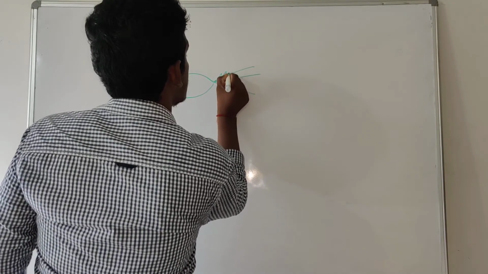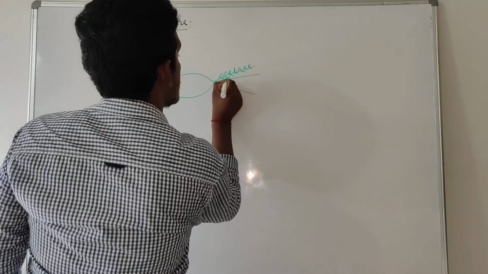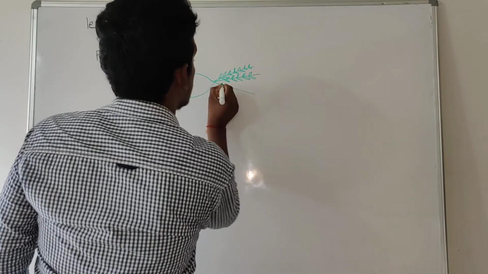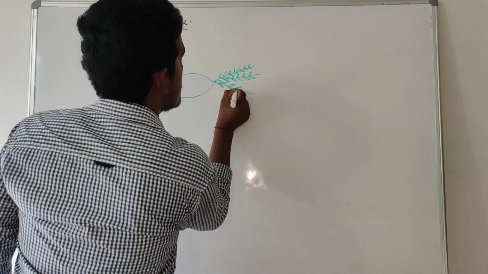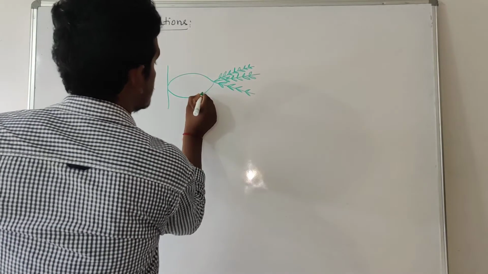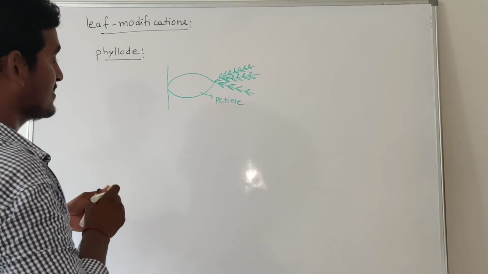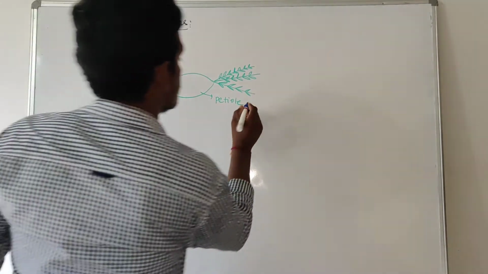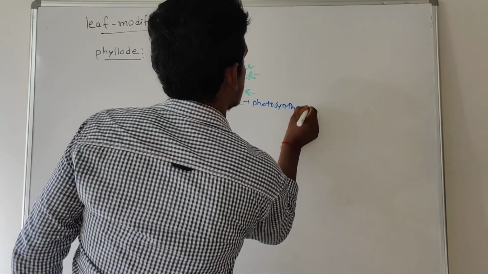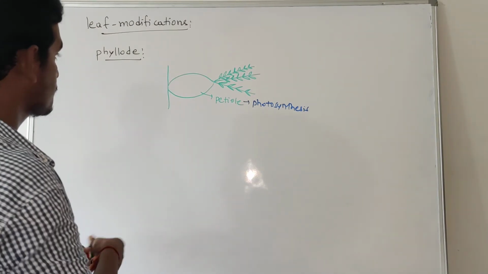These are leaflets. Right? Here it is a petiole. This petiole portion helps to carry out photosynthesis. That is the main function of phyllodes. The example for phyllodes is acacia.